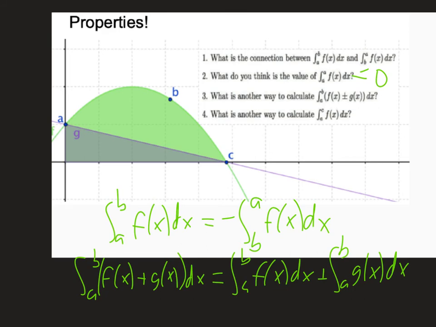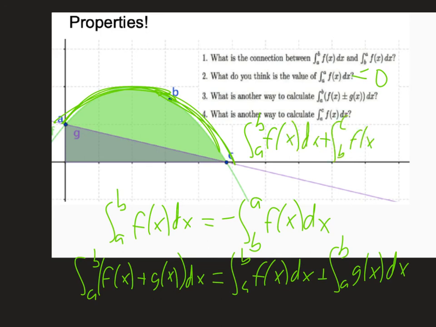Another way to calculate a to c is to do a to b, and then b to c. So the integral from a to b of f of x dx plus the integral from b to c of f of x dx. All right, so those are some basic properties. Let's keep rolling.